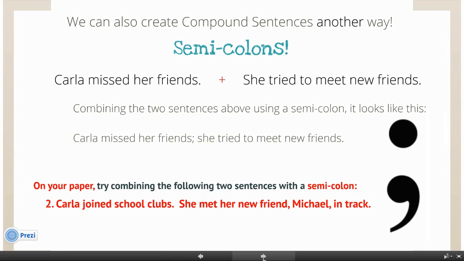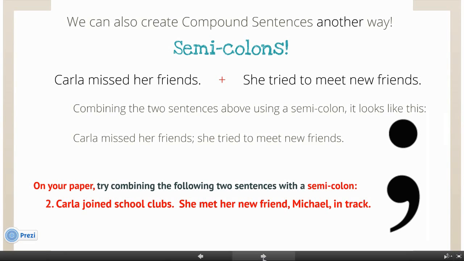As you can see, she in the second simple sentence is not capitalized. That comes right after the semicolon, and the semicolon works similar to and if we were to use a coordinating conjunction. And we would not capitalize she, so we don't capitalize she or the word that comes after the semicolon when we use a semicolon in a compound sentence. Now, on your own paper, try combining the following two sentences with a semicolon.